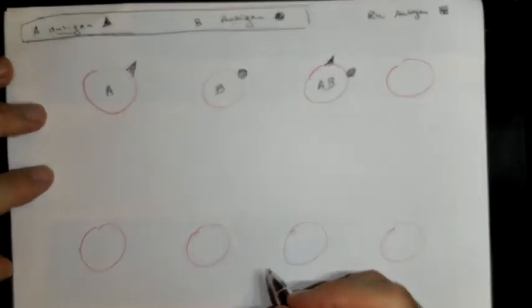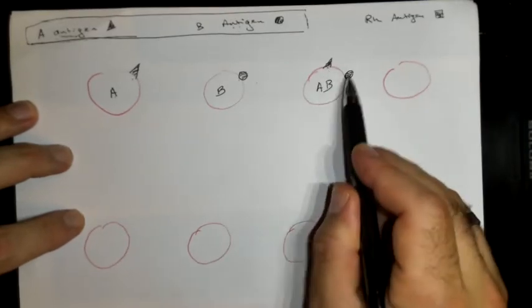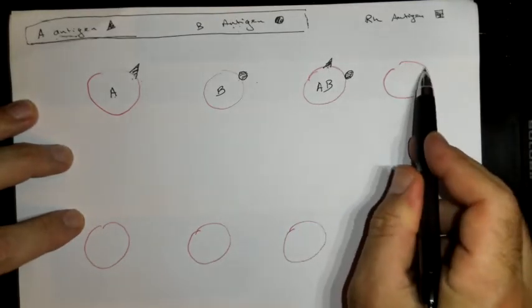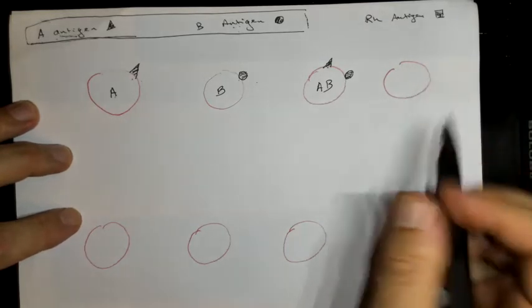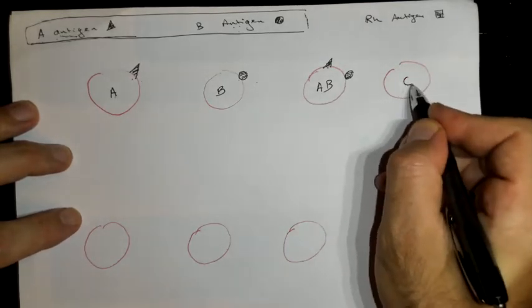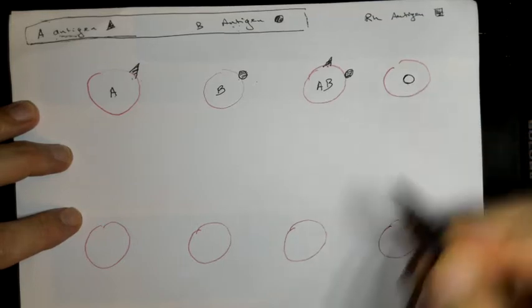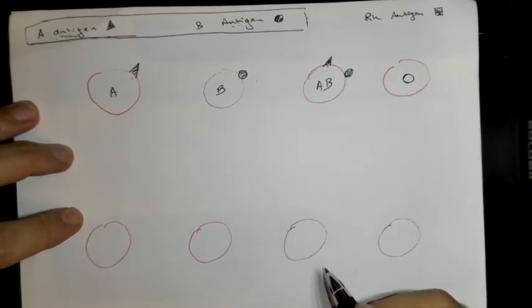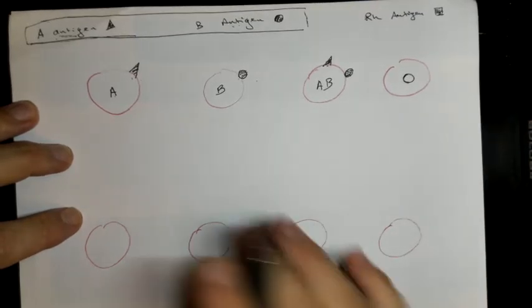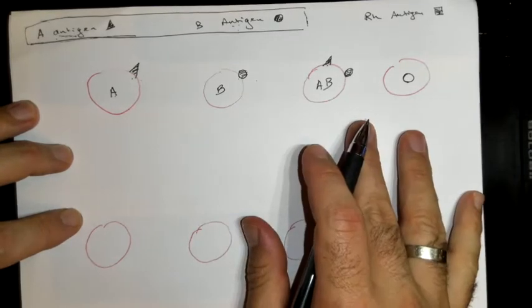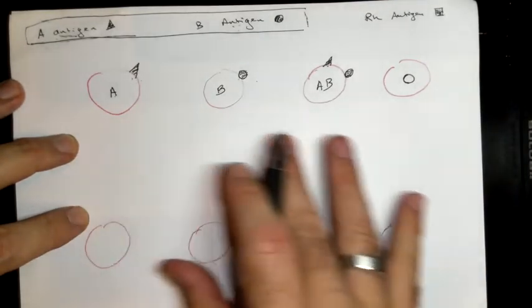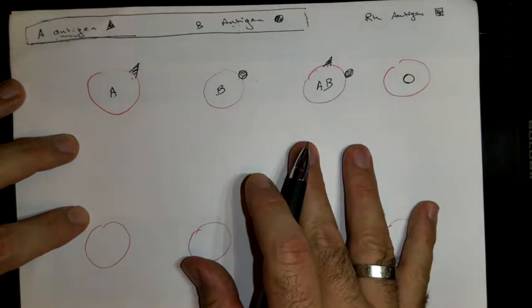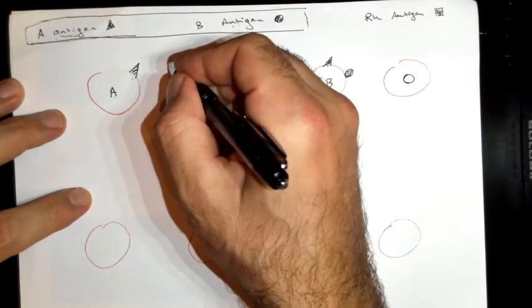It is also possible to not have either the A or the B, which means that there is nothing regarding A and B on the surface of this cell. And so in this case, we call it type O blood. So this is the way to start the conversation. And then what we're going to do is we're going to add on to this as we go along. So let's box these in.